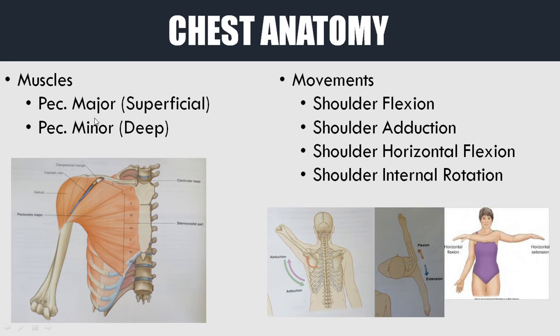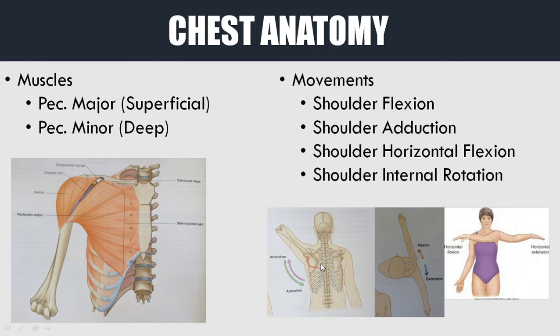The movements that the pec major produces are primarily going to be shoulder flexion, which, if we have a look at this diagram, imagine this is from a bird's eye view. Imagine having the arm by your side and then lifting the arm up so that it's straight out in front of you. That'll be shoulder flexion. Shoulder adduction: if we have a look at this diagram here, this is from the back.